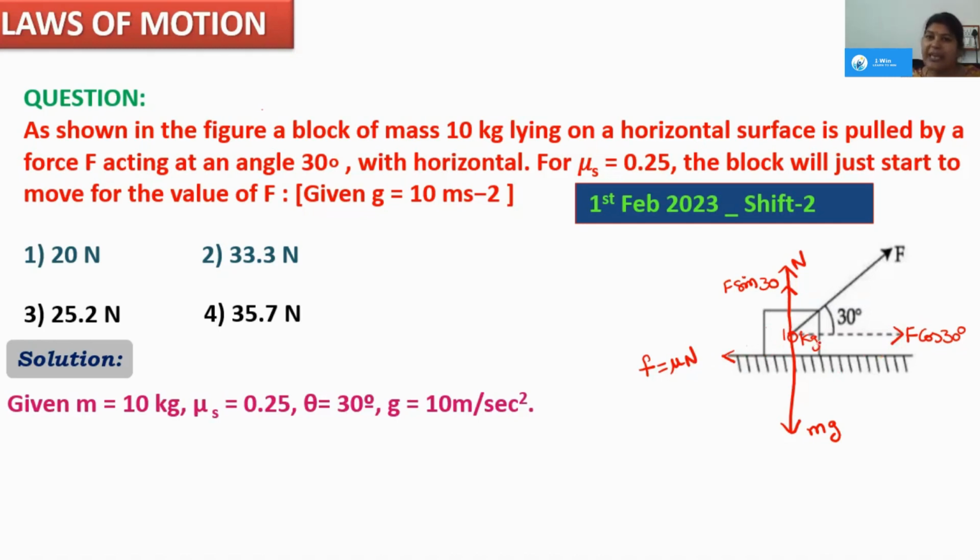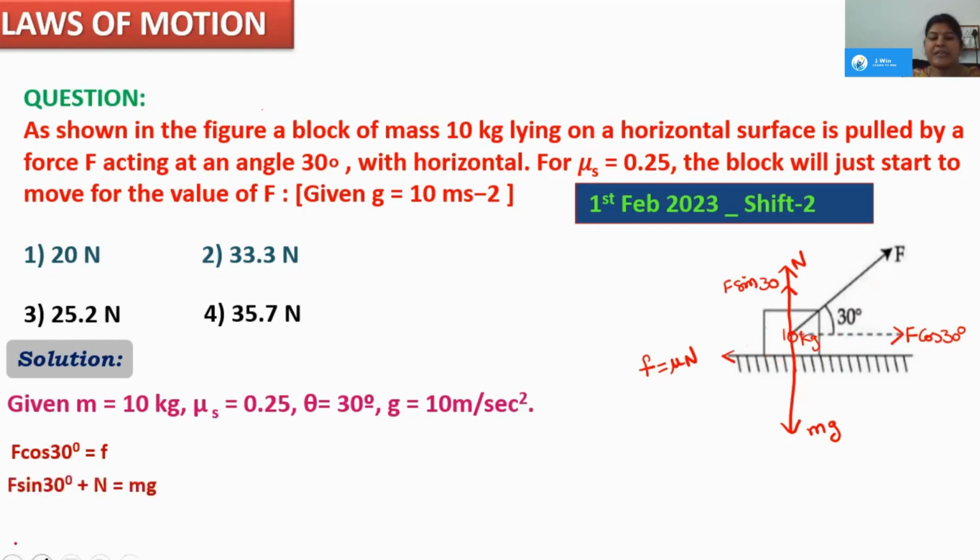Similarly, we apply the same equilibrium condition for the vertical direction also. First, we apply it for the horizontal direction. The force acting along this direction is F cos 30, which is balanced with the frictional force small f. So F cos 30 is equal to small f.